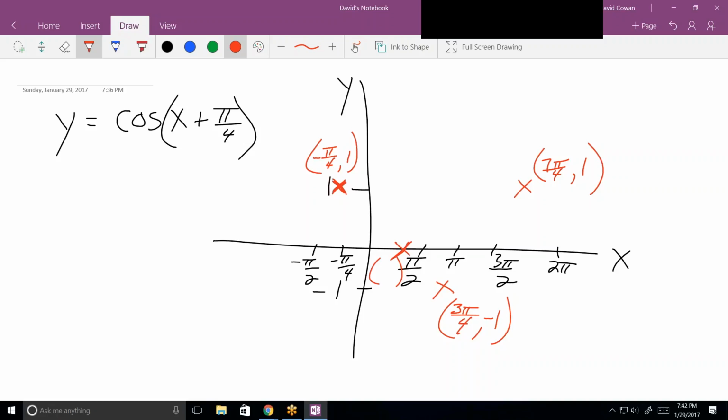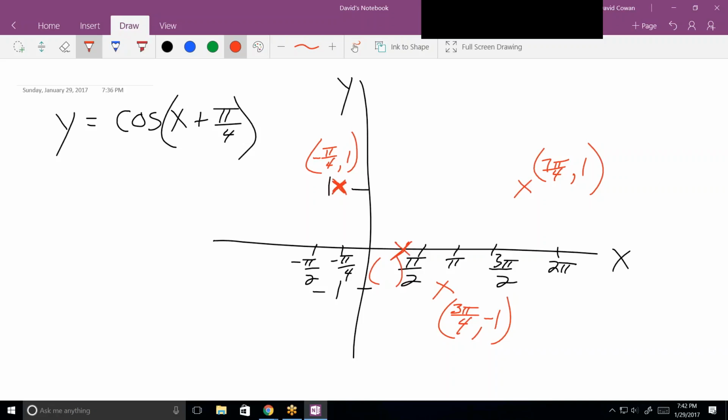No. Add the two, add negative pi over 4 to 3 pi over 4 and divide by 2. That's how you find the midpoint of anything. Okay. What do you get? You get 2 pi over 8.